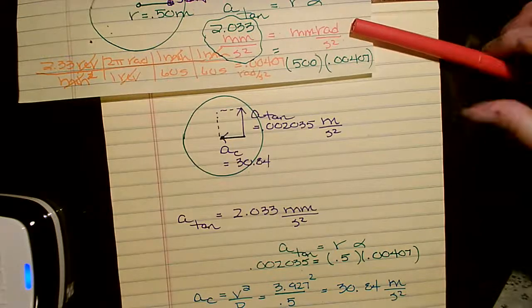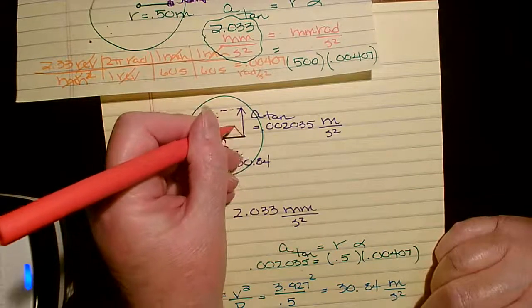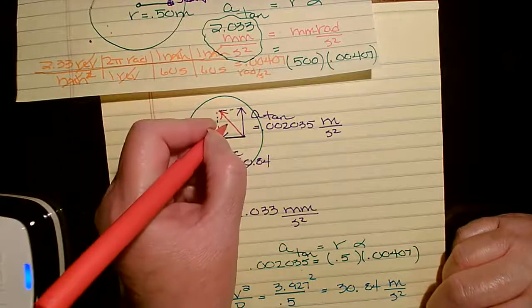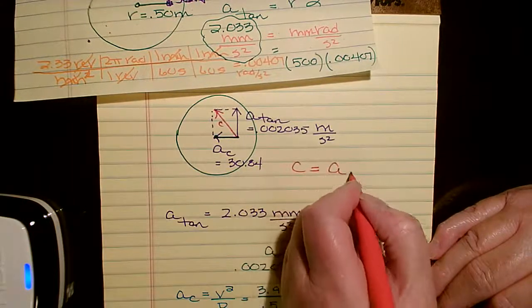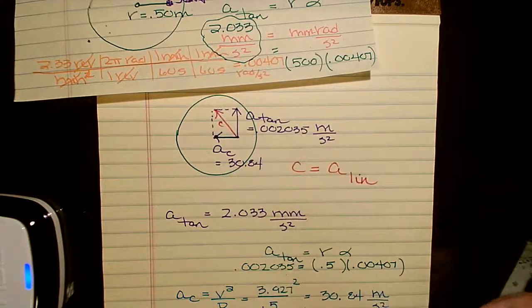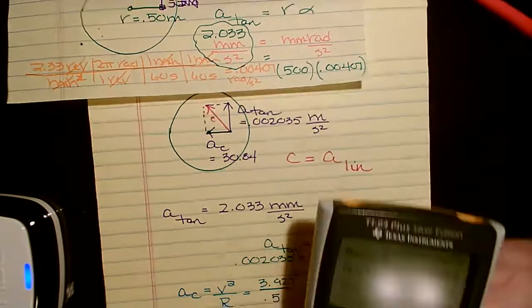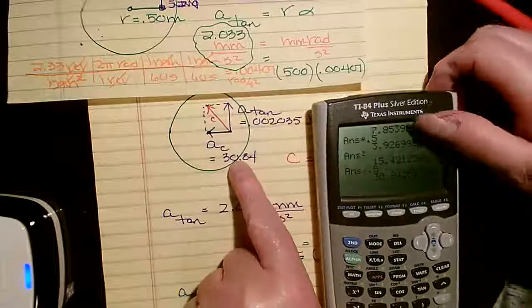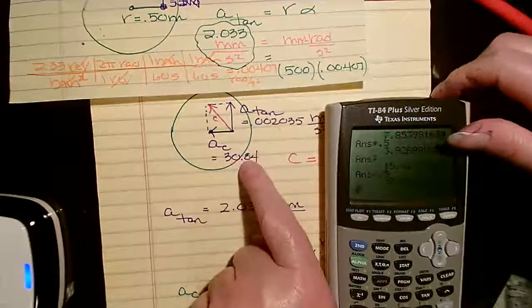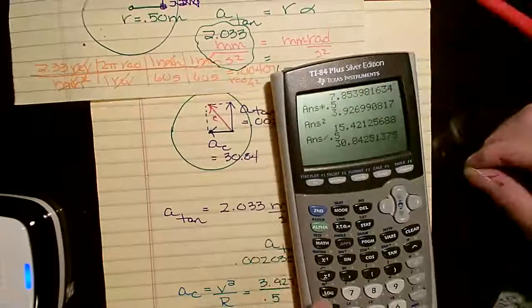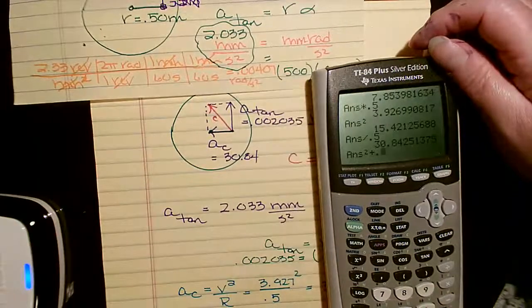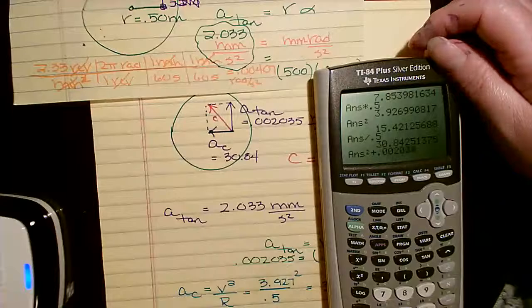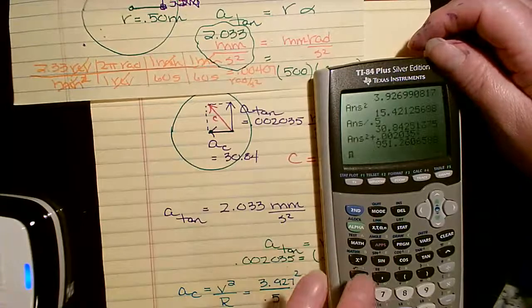And I have to Pythagorean theorem this now, and this right here, I'm going to label it C. C equals the net linear acceleration. So little a squared plus b squared. You can tell that my C is not going to be too much bigger than 30.84, but we'll square that, plus 0.002035 squared, and then we'll square root it.